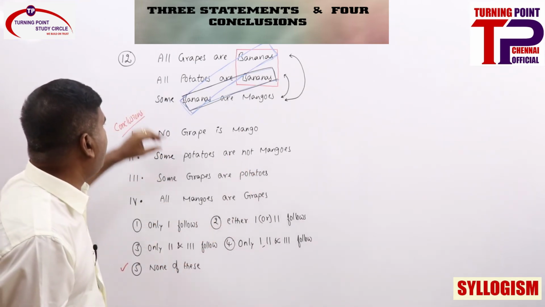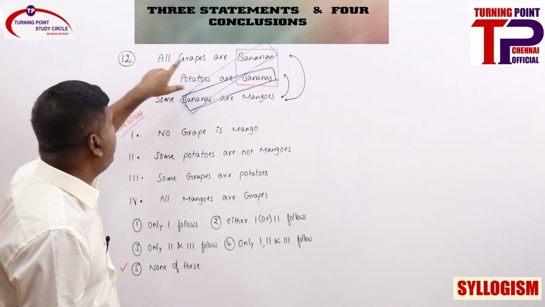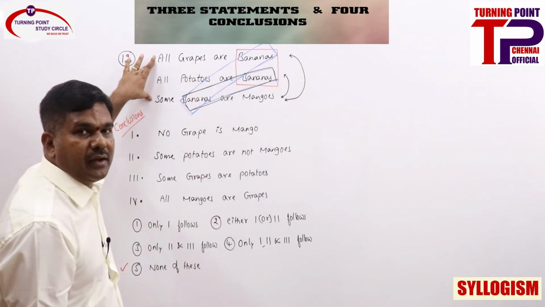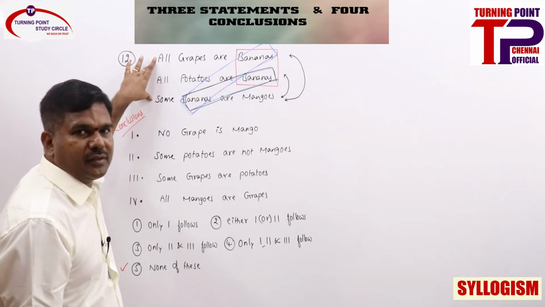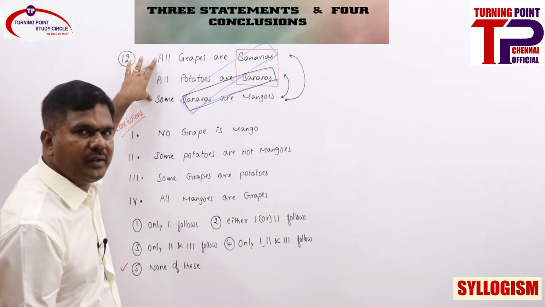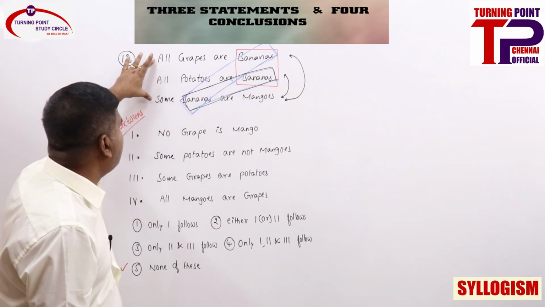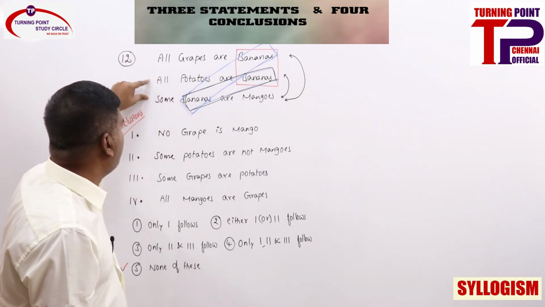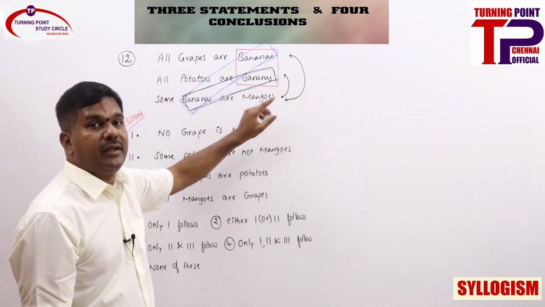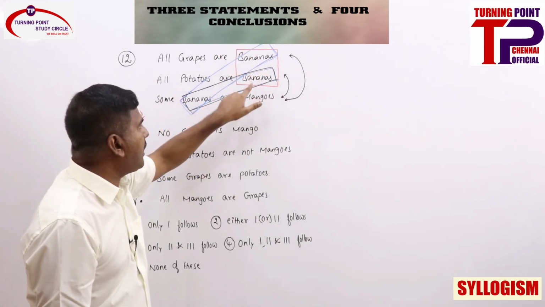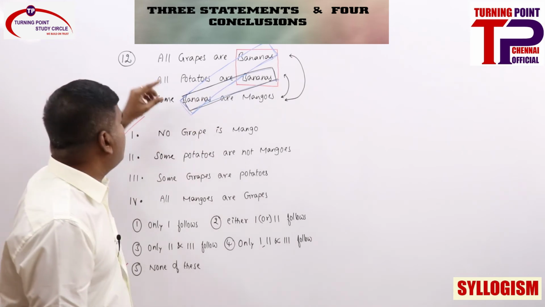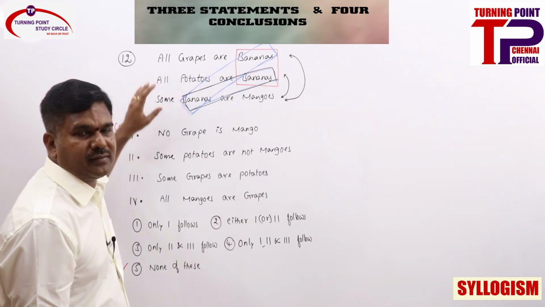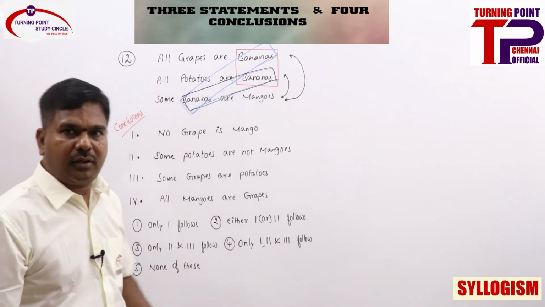But if you observe keenly, suppose for 1 and 3, if they are asking about grapes and mangoes, we need to merge only 1 and 3, not 1 plus 2 plus 3. Of course, A plus I gives no conclusion. That one is secondary, but we need to consider only 1 and 3. Suppose they are asking about potatoes and bananas, we need to merge 2 and 3 separately, because the common term is there as the subject. So we need to merge 1 and 3 separately sometimes, and 2 and 3 separately. Are you getting?